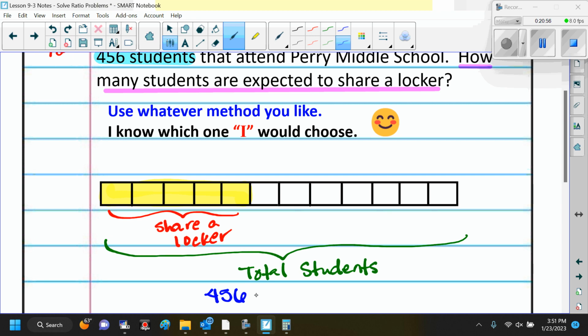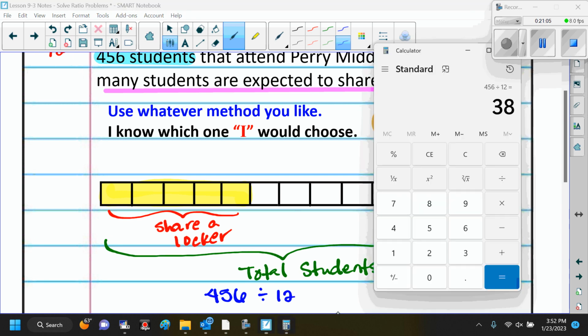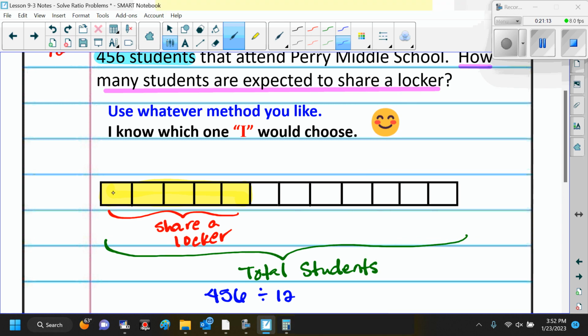Well, there's 456 total, there's 12 boxes, so to figure out how many go in each box, we just divide by 12. So we've got 456 divided by 12, and that gives us 38. So in each box, we have 38.